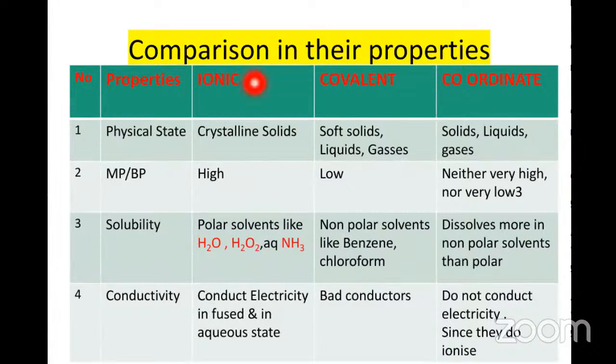Ionic compounds are crystalline solids because of the strong electrostatic force of attraction among them. That is the reason these are crystalline solids. Then covalent compounds are soft solids, for example sulfur, phosphorus, and iodine, as well as liquids and gases.